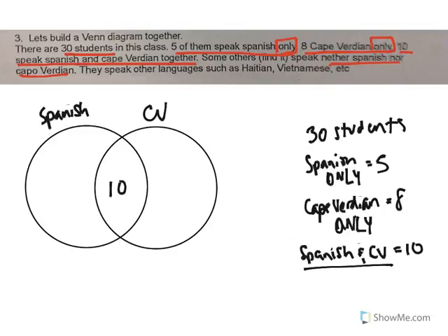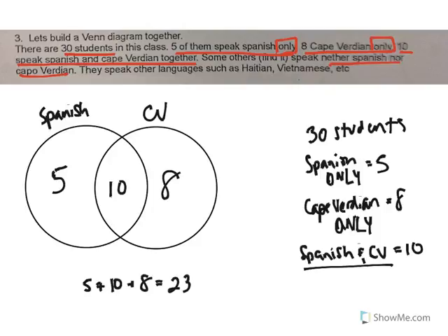Now, the problem says I have 5 students that speak Spanish only, so I can just put a 5 right over here. I have 8 students that speak Cape Verdean only. So if I add these all together, I get 23.